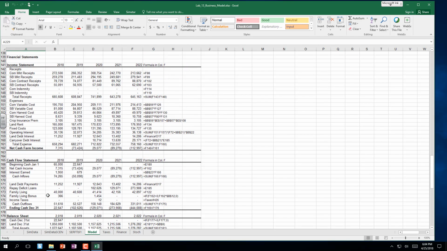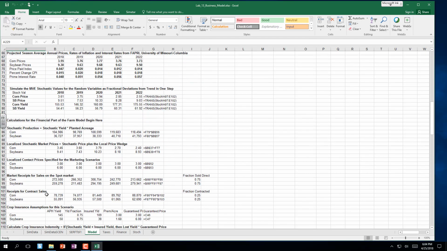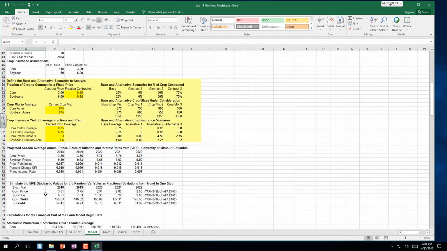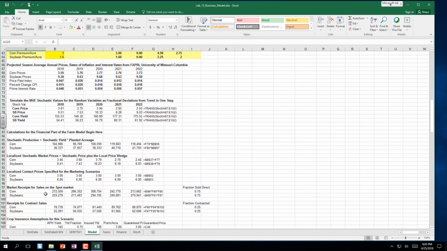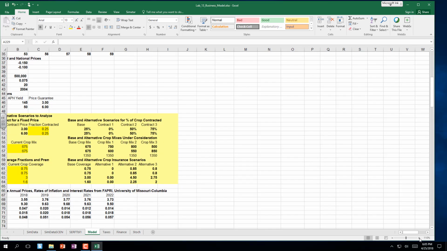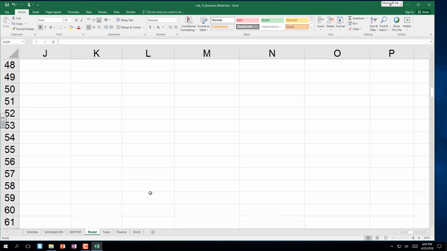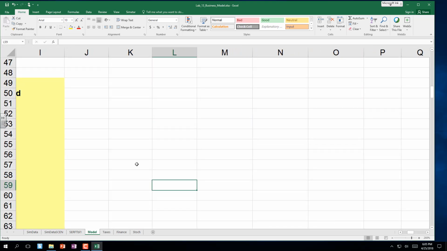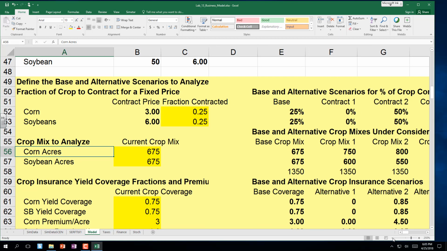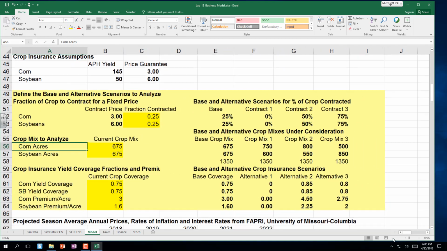What I've got is a completed model. Is that the one you all brought up with all the numbers in place? Good. I'm going to walk through this and just review with you what's going on with this model. I thought it would be more instructive than you guys trying to type it all in as we go through and get lost in space.